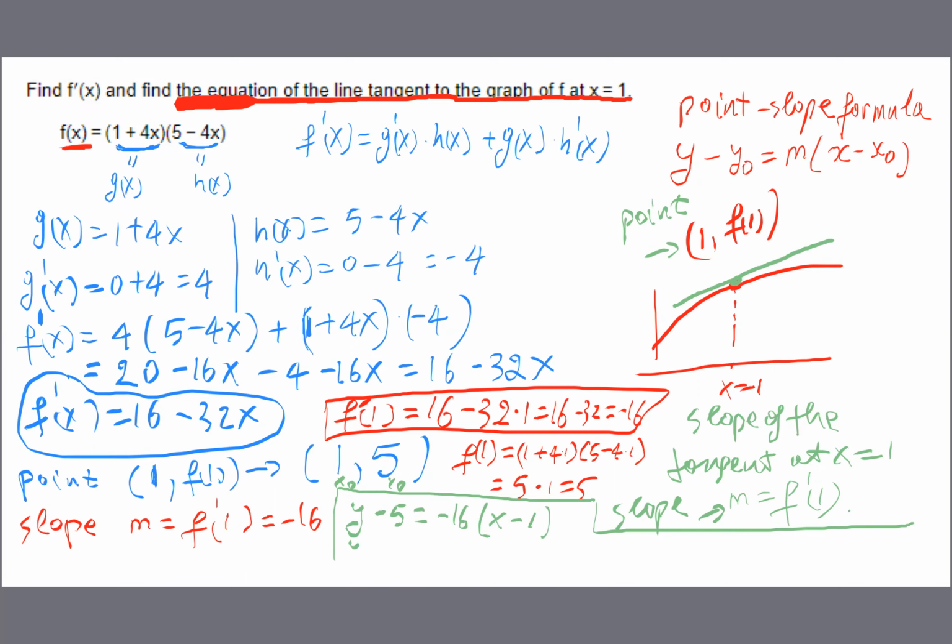So we'll simplify this into y minus 5 equals negative 16x plus 16, which is equivalent to y equals, we add 5 to both sides, negative 16x plus 21. So the equation of the tangent line at the point with the x coordinate x equals 1 and the y coordinate y equals 5 is negative 16x plus 21 because the slope is negative 16.